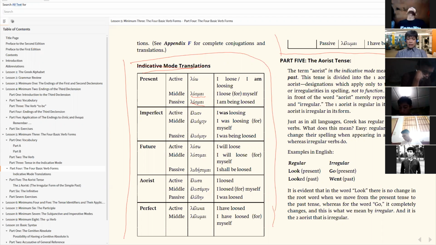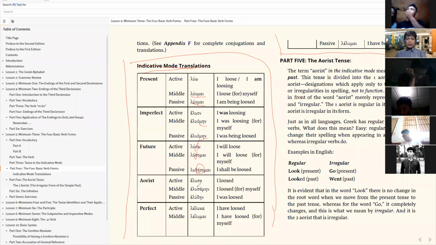This is the same in the present and also in the imperfect, except for the future, because the future has a linking consonant. I forgot the technical term for that. But anyway, you have the sigma there, and then for the passive, you have the theta.